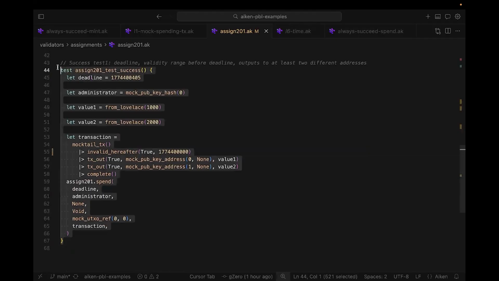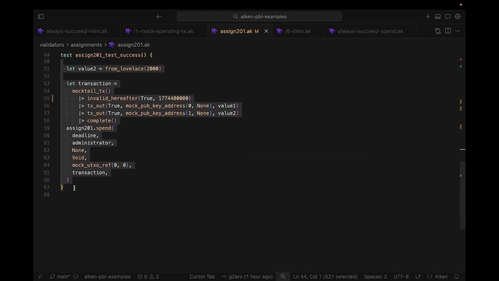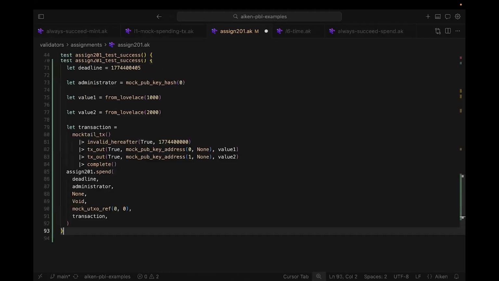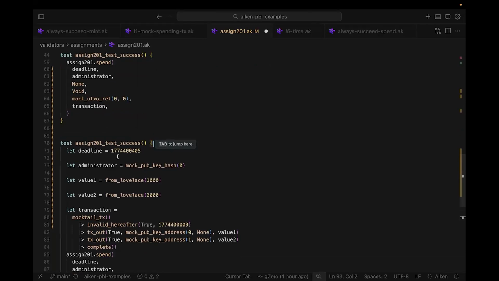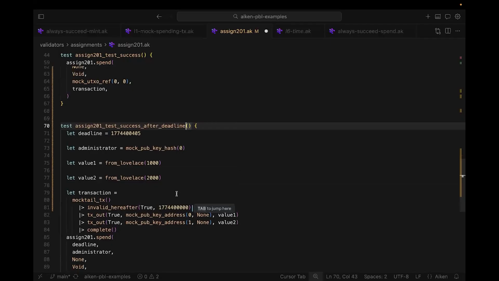I'm going to copy this and change this up. I'm going to call this test success after deadline. I'm going to give this a random timestamp. The administrator pub key hash we have given. Value 1, value 2. Does it matter?